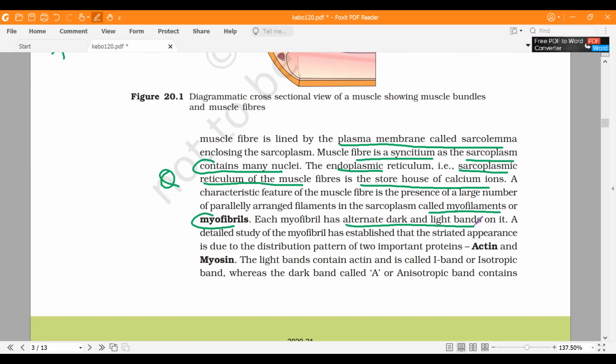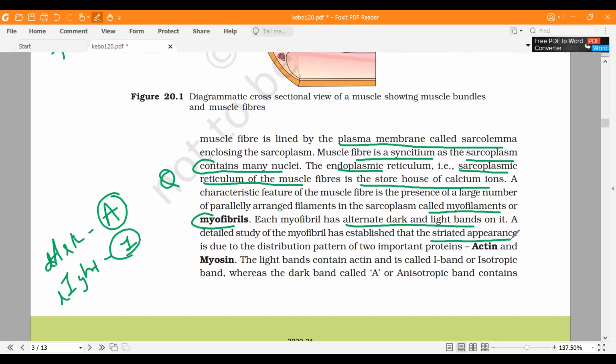This is where we talk about the A band and I band. The dark band is what we call the A band. The light band is what we call the I band. This alternate dark and light pattern gives the striped appearance, or what we call the striated appearance.